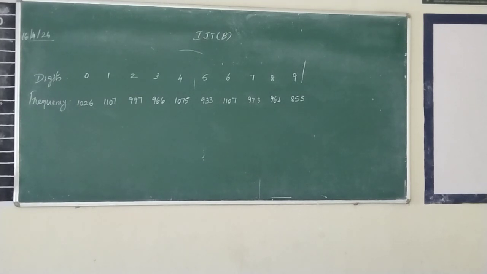Okay, so what is the H0 assumption? No difference. The digits are equally distributed or uniformly distributed. What is H1? Not uniformly distributed. Has everyone written that?